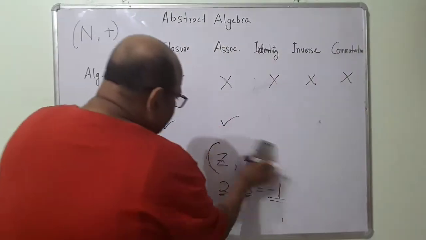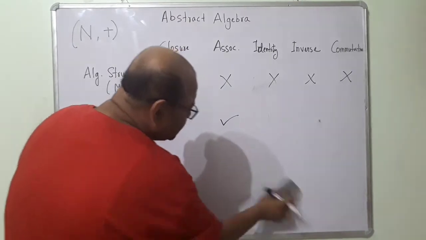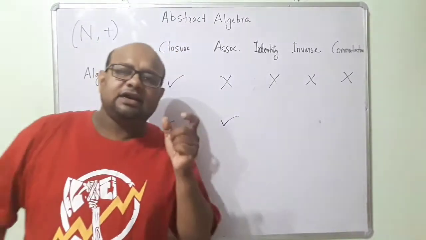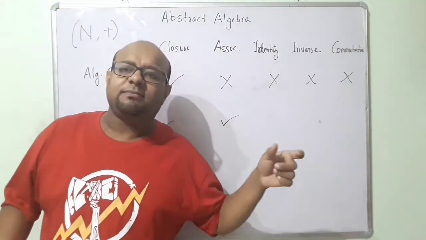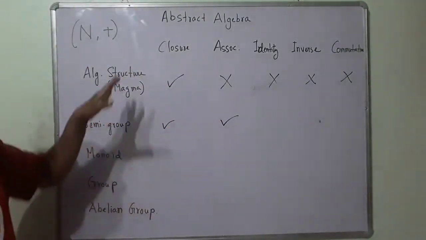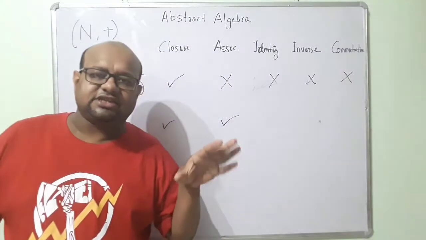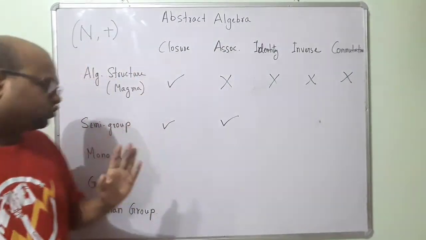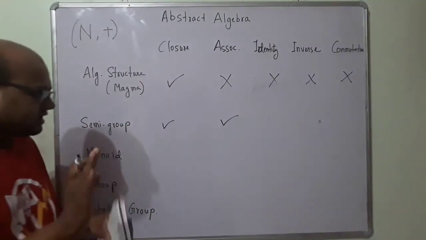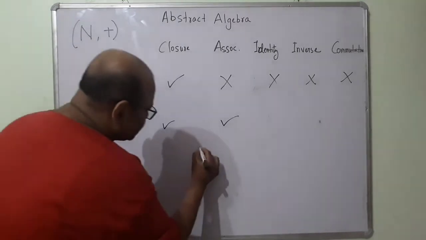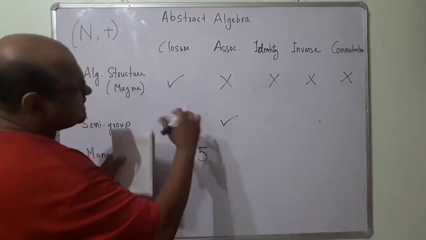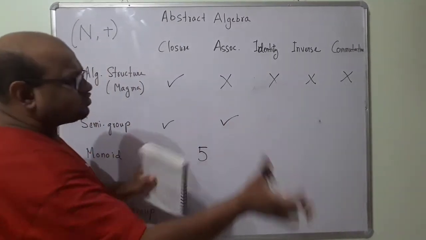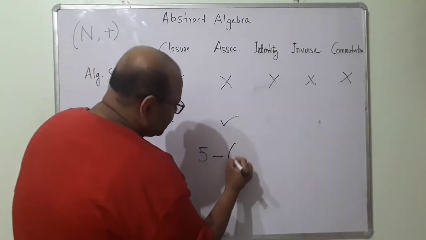Since this set of integers under the operation subtraction is closed, I know it is an algebraic structure, I know it is a magma. But is it a semigroup? Let us see with an example. Is left associative equal to right associative? That is the question.